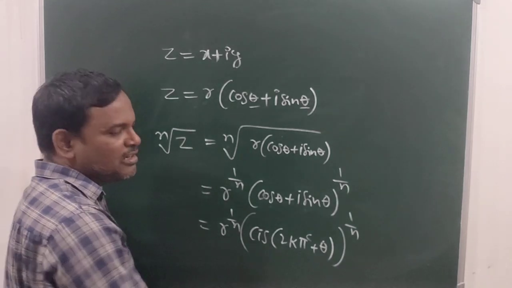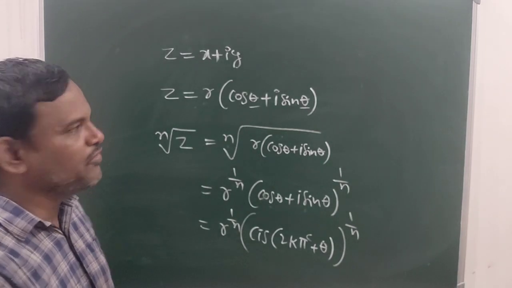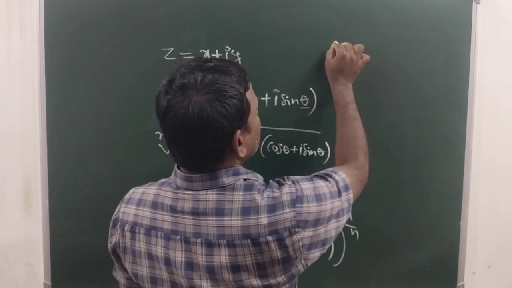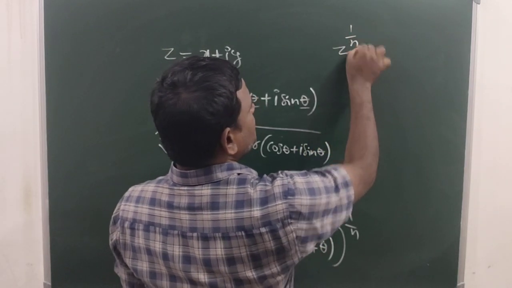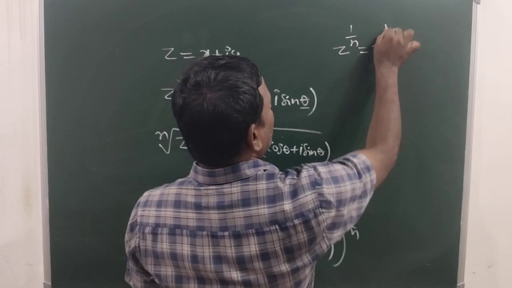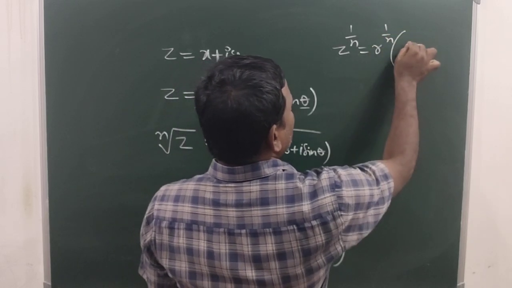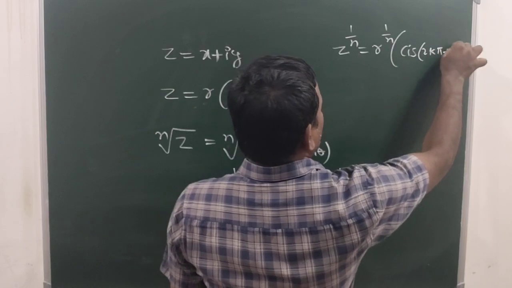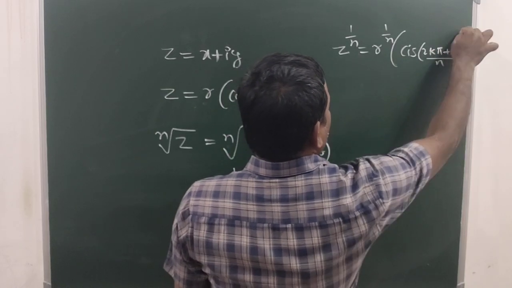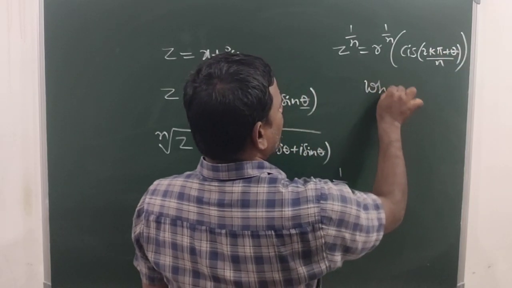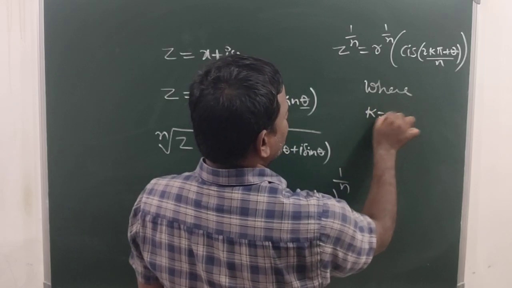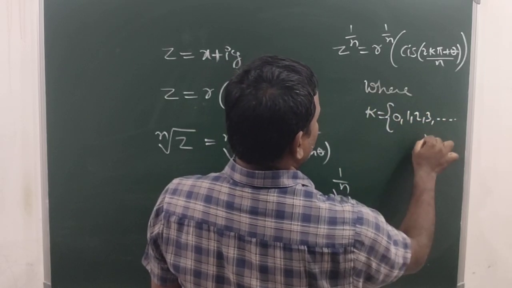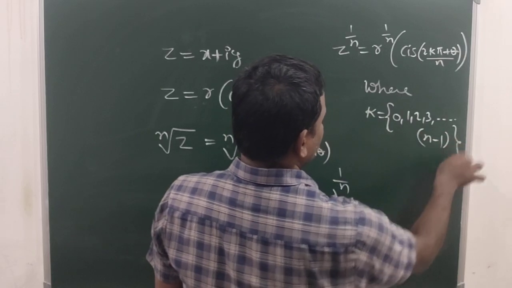So now apply the De Moivre theorem for this. If you apply the De Moivre theorem, then it will become nth root of z, z power 1 by n, is equal to r power 1 by n cis of 2k pi plus theta by n, where k will take the values from 0, 1, 2, 3 till n minus 1.